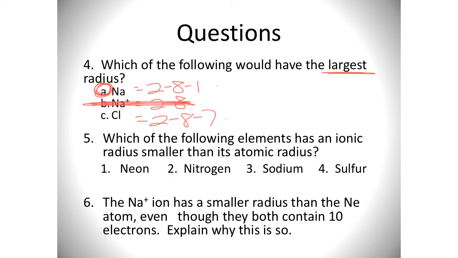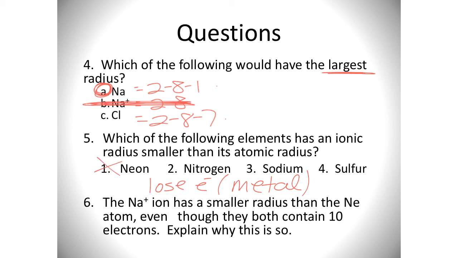Number 5, which of the following elements has an ionic radius smaller than its atomic radius? So we are looking for something that will lose electrons when it reacts. So we are looking for a metal. Or you could do it by the electron configuration. So it's not going to be neon. That's a noble gas.